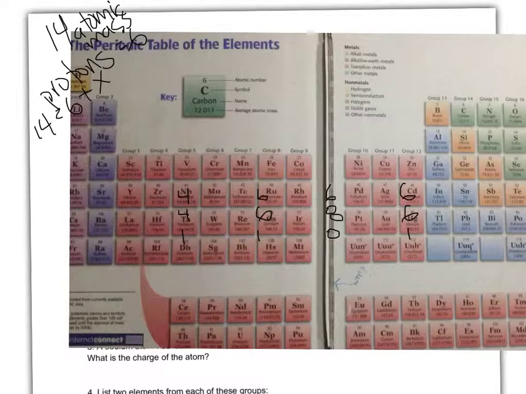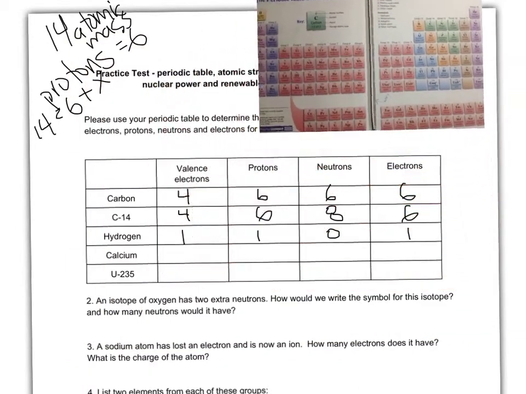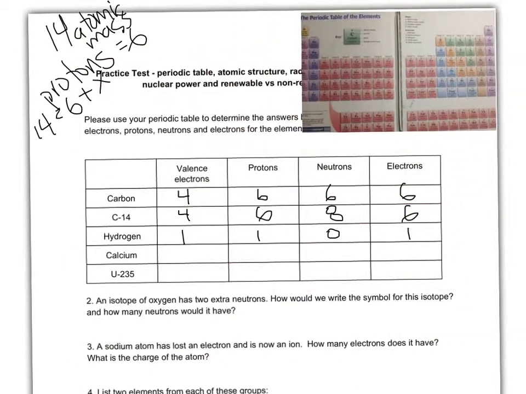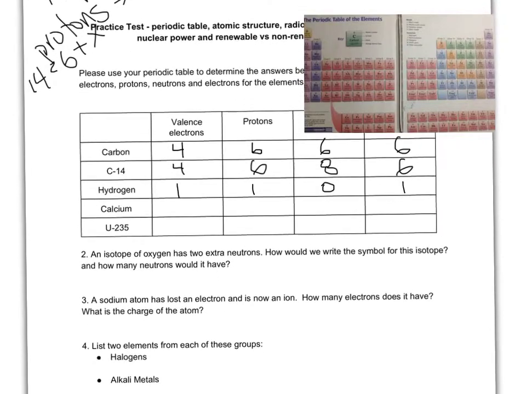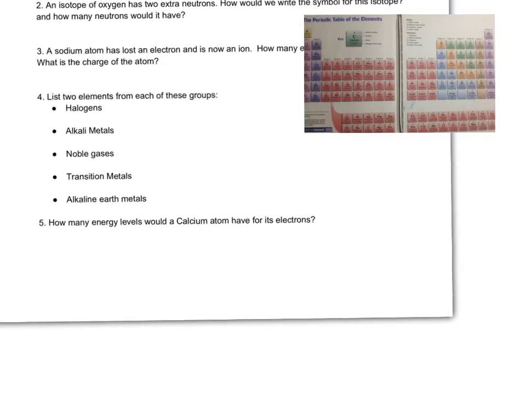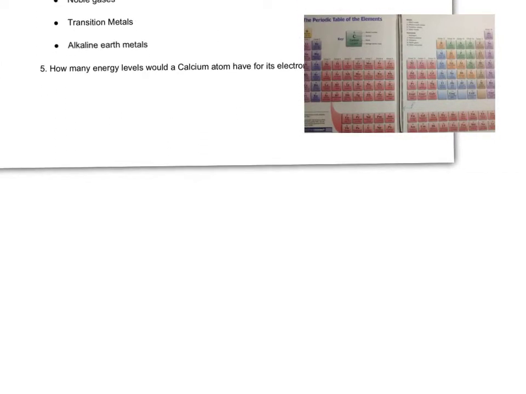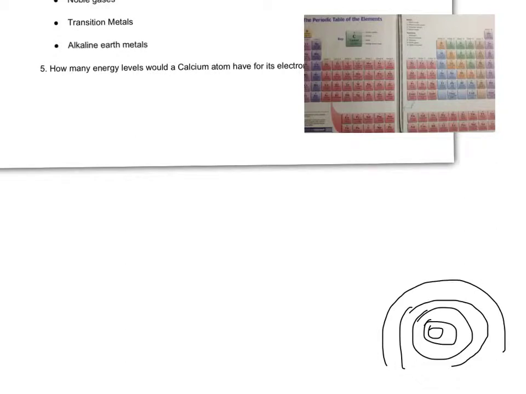So let me see if I can show you what that would look like. So let's try this. We would have its nucleus, and then 2 in here, and 8 and 8 in its third energy level, and then in its fourth energy level, it would have 1, 2 electrons.